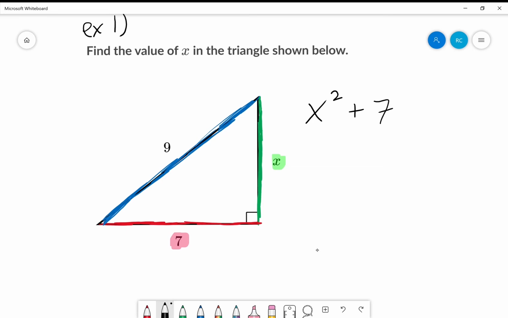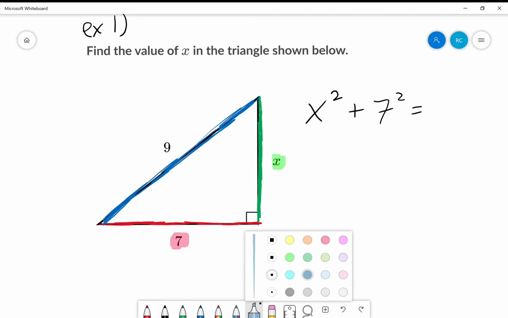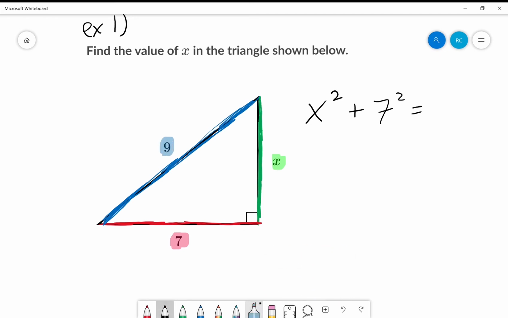So x squared plus 7 squared equals, C is 9, 9 squared. And now it's just a normal equation that you solve normally. 7 squared is 49. And 9 squared is 81. Should not need a calculator for that.